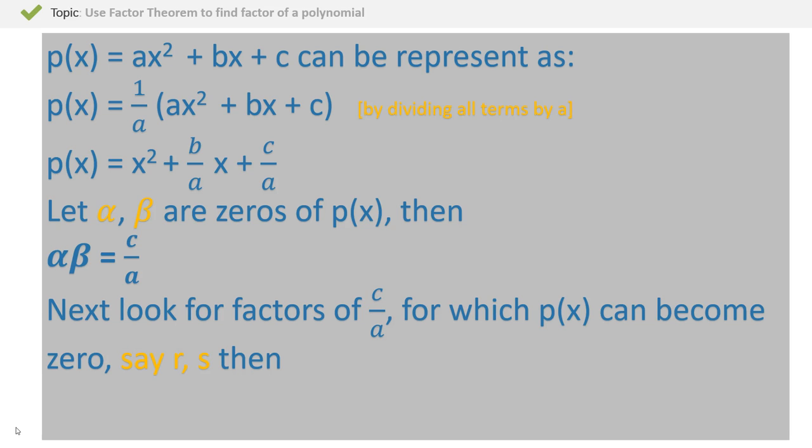So ideally p(r) and p(s) are 0. And if so, then p(x) can be represented by 1 by a multiplied into x minus r multiplied into x minus s. And that's how you go and use your factor theorem.